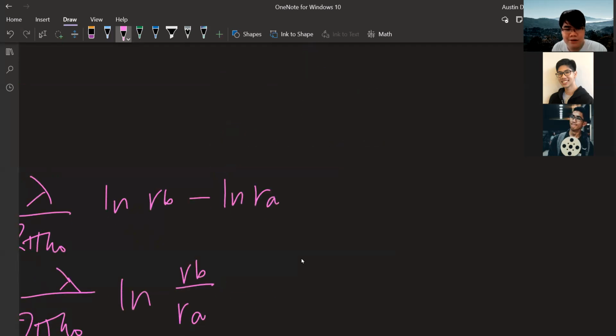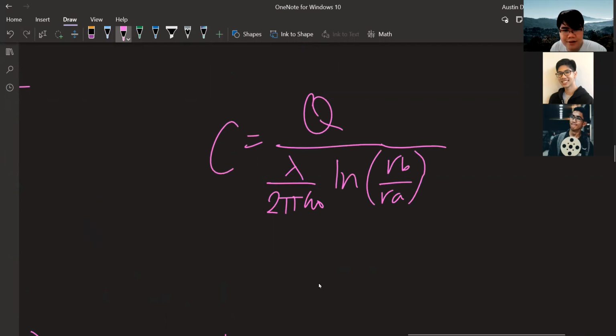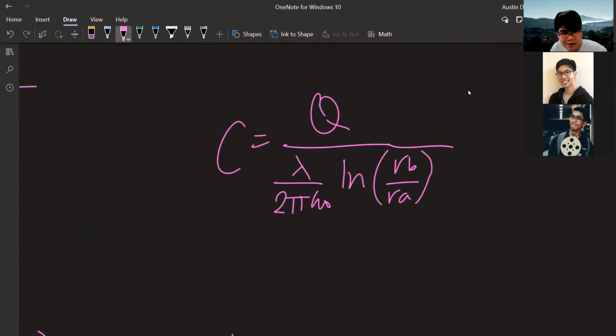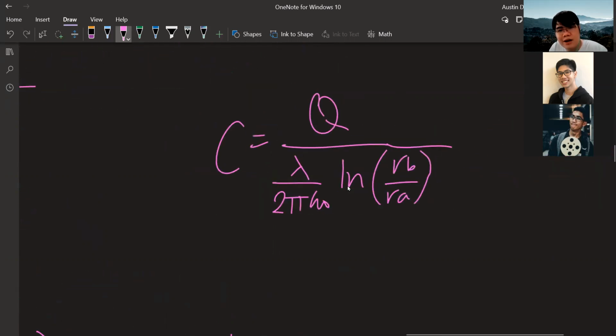Lambda over 2 pi epsilon naught, ln RB over RA. Okay, so that's your capacitance. Simplify it na lang, kayo nang bahala. Okay, so ln is positive again, and everything else is positive.